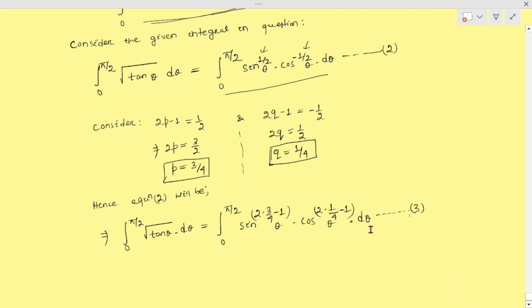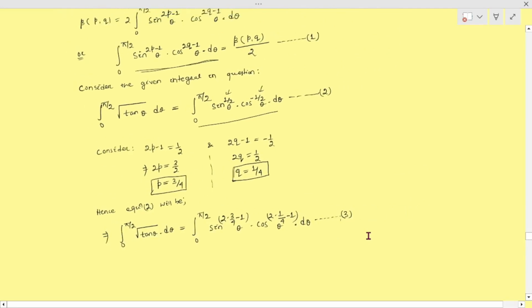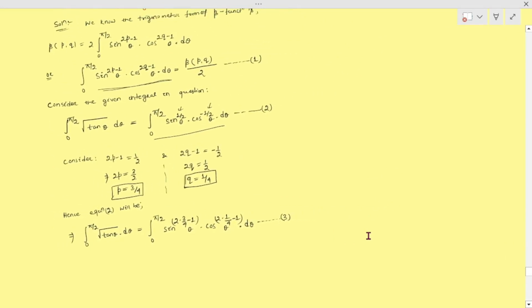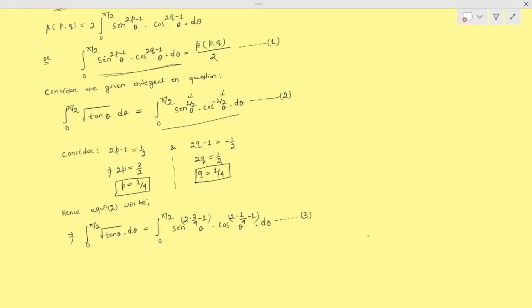Now compare RHS of equation number 3 and LHS of equation number 1. Here this one and this one, I am writing here. Compare.